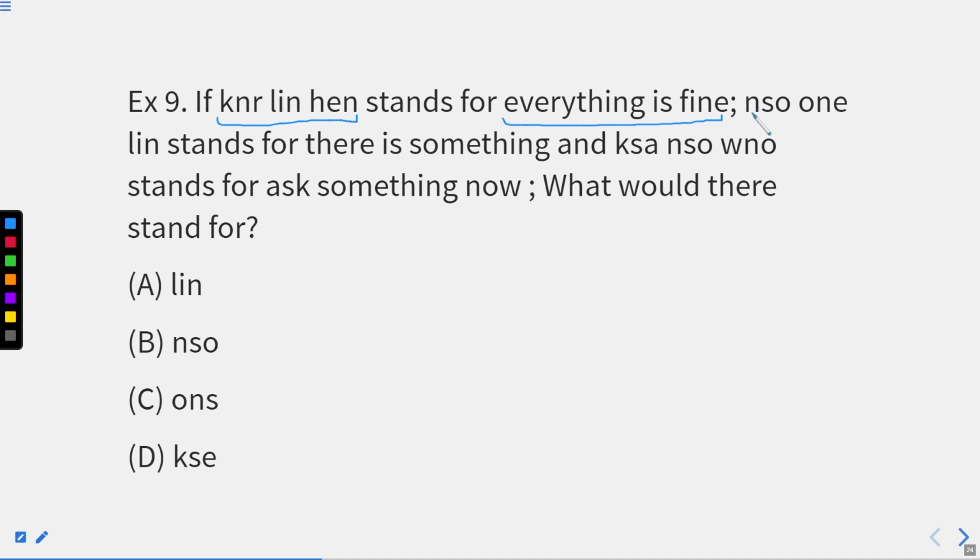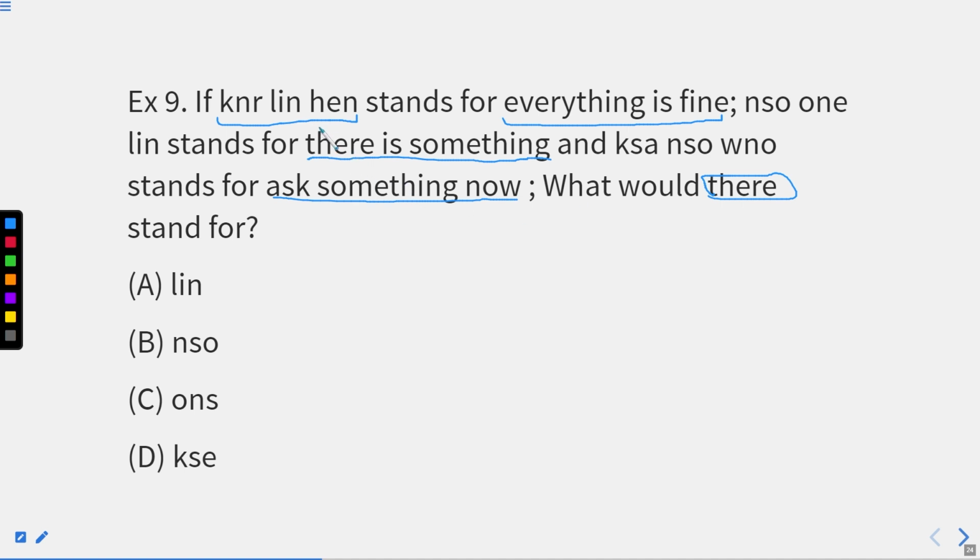The second thing is NSOONELIN stands for there is something, and KSANSOWNO stands for ask something now. Now you are supposed to find what there stands for.